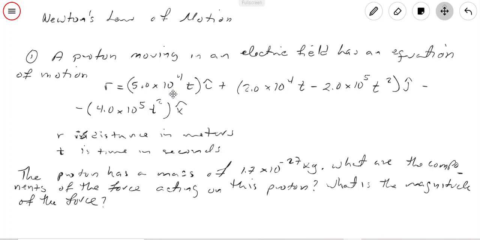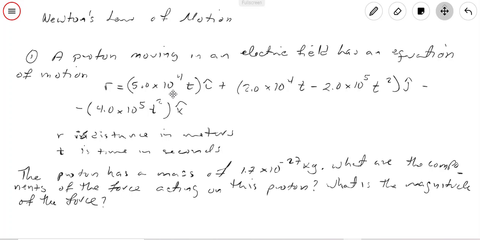Our first problem says that a proton moving in an electric field has an equation of motion, r equals 4.0 times 10 to the 4th t i plus 2.0 times 10 to the power of 4t minus 2.0 times 10 to the power of 5 t squared j minus 4.0 times 10 to the power of 5 t squared k, where r is the distance in meters and t is the time in seconds.